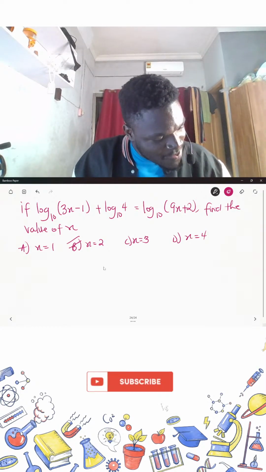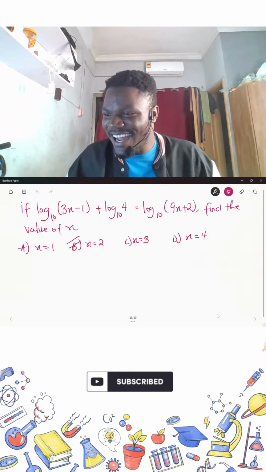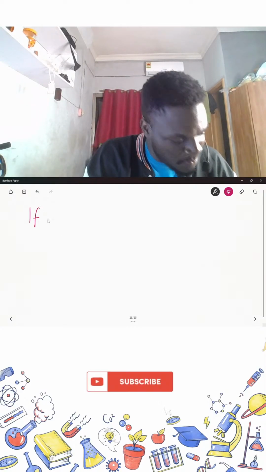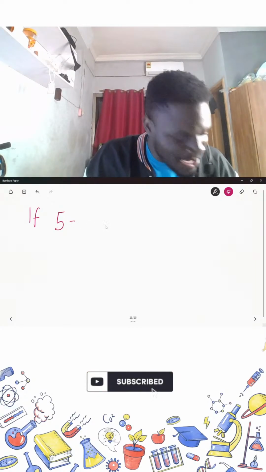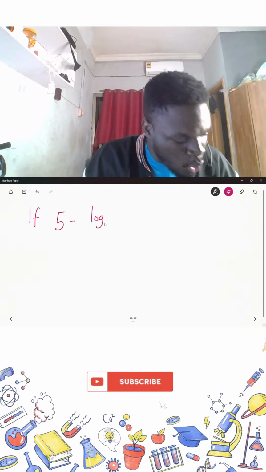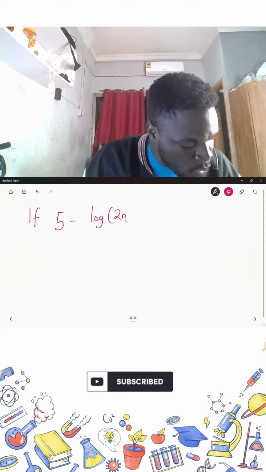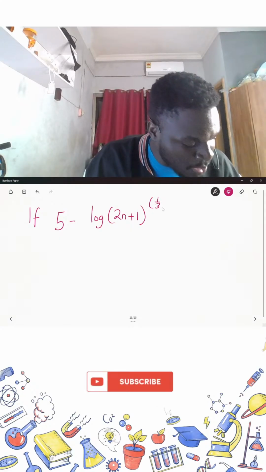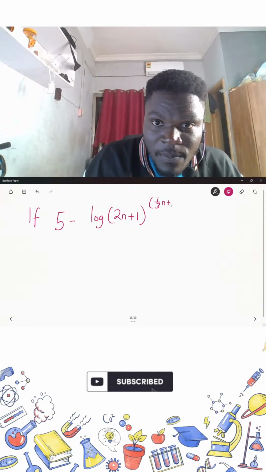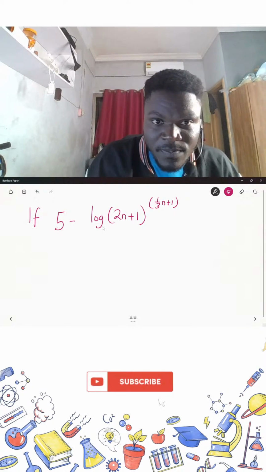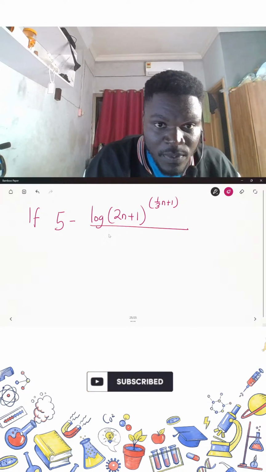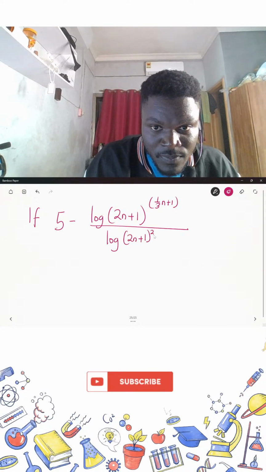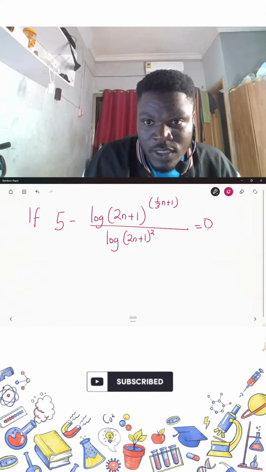Oh, very good. I found one. So I have here, if 5 minus log (2n plus 1) raised to the power 1 over 3n plus 1, all over log (2n plus 1) squared is equal to 0.